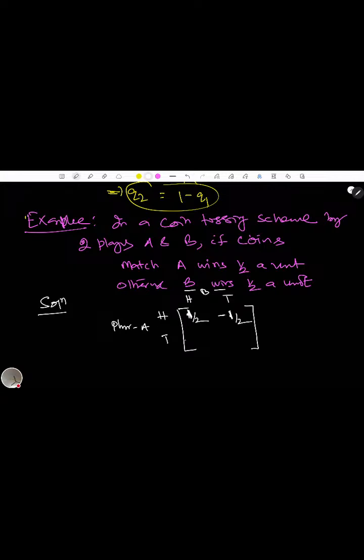Then here tail and head doesn't match, so B wins, which means minus half. Now it is matching, tail and tail here, so A wins, which means half a unit. So this is the game. So it is of the form A11, A12, A21, A22 now.